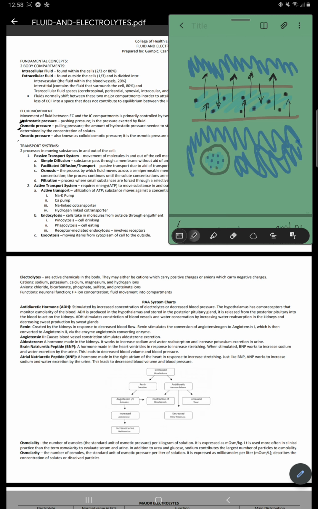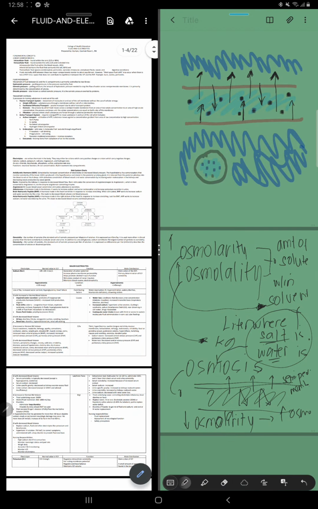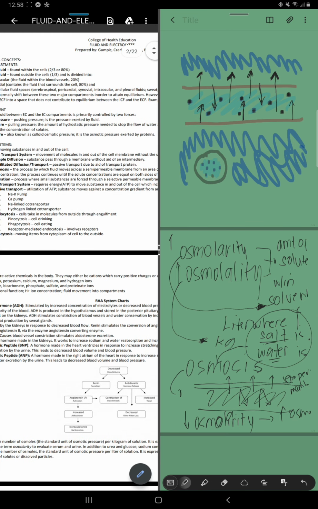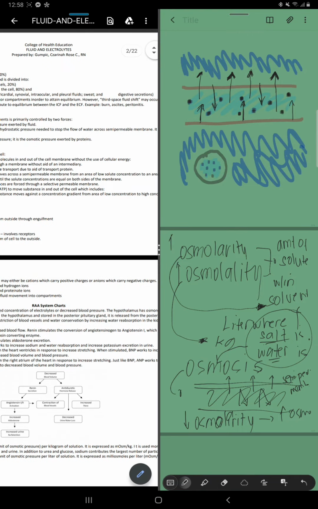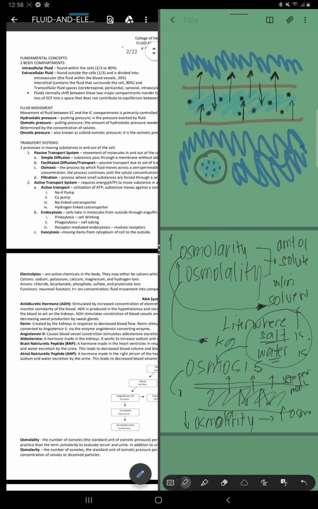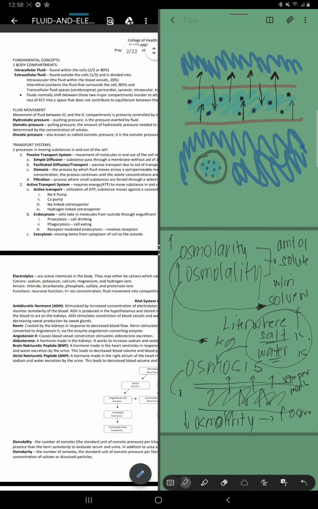It is the amount of hydrostatic pressure that is now needed to stop the flow of water across a semi-permeable membrane. It is primarily determined by the concentration of solutes.